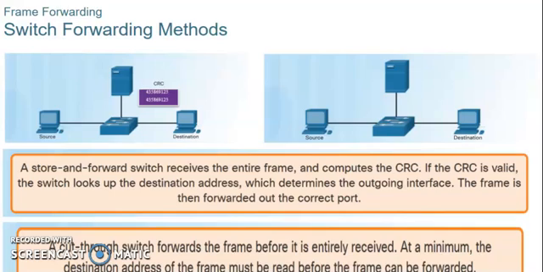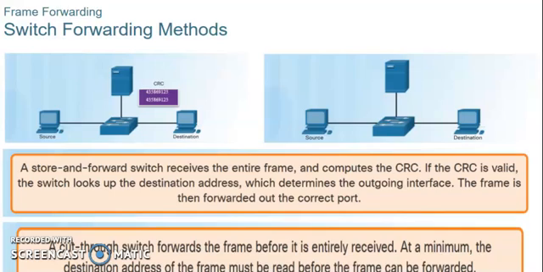If you see the cut-through switching, the cut-through switch forwards the frame before it receives the entire frame. As soon as it starts receiving a frame, it opens the header part of the frame, reads the destination address and immediately starts transmitting the frame to the destination.